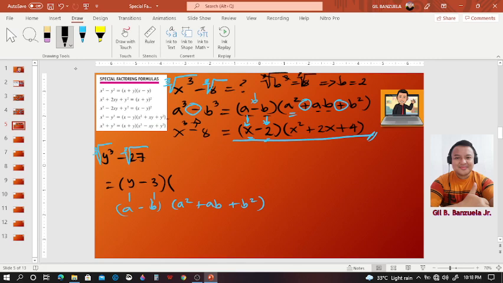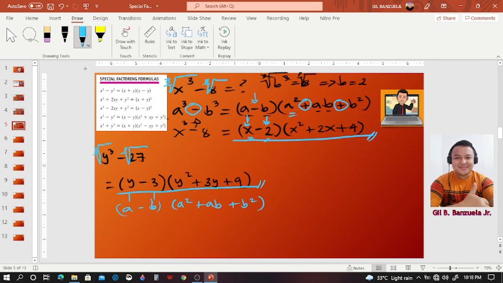So we have a squared. Since my a is y, this is y squared. Then plus a times b. My a is y, my b is 3, so simply 3y. Then plus the square of b, which is 3, and that is 9. So therefore, our final answer is y minus 3 multiplied by y squared plus 3y plus 9.